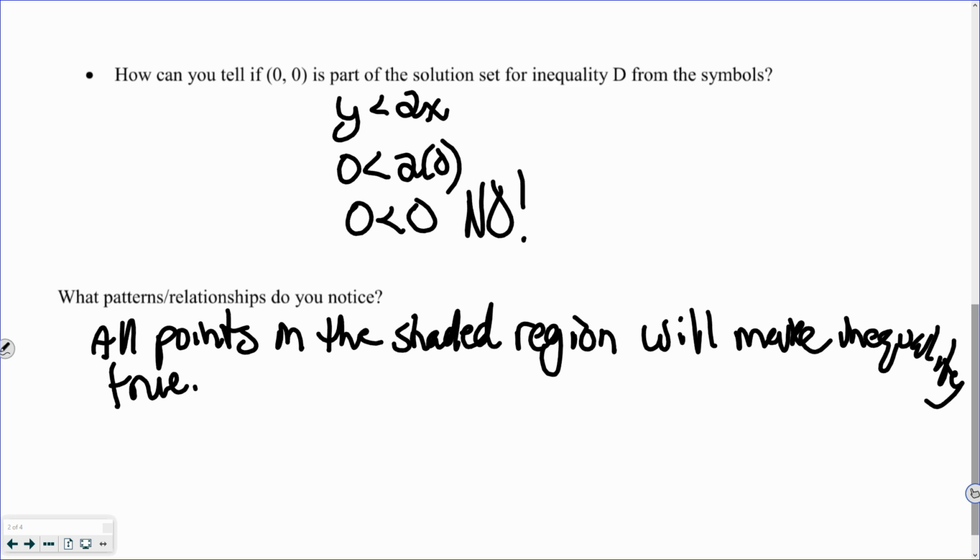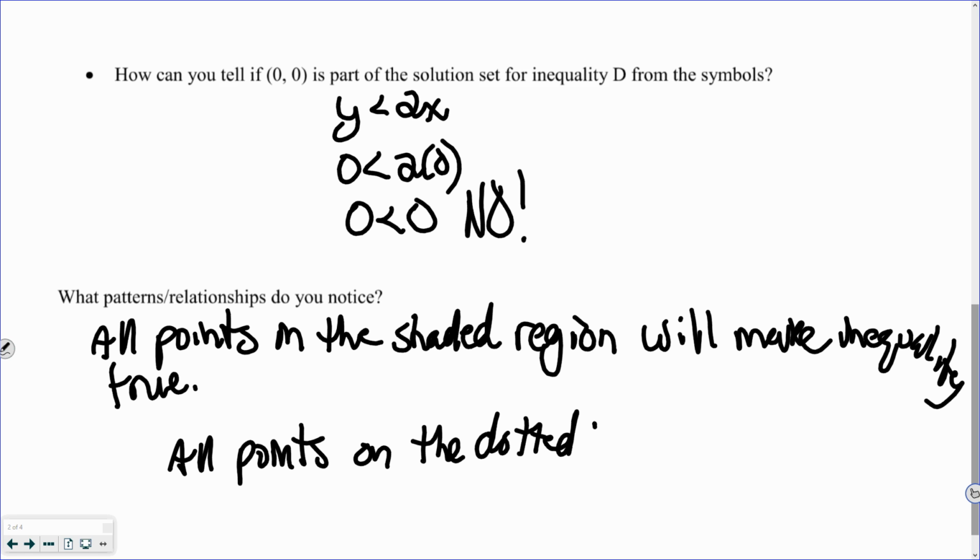However, all points on the dotted line, because all these were dotted lines, right, will not make the inequality true.